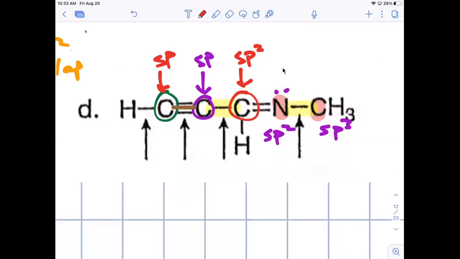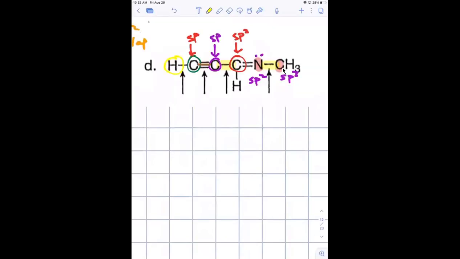All right. What about the last one? We should be able to spit this one out pretty quick. So you got a hydrogen here and it's bonded to a carbon. We already said that carbon was SP hybridized. S-SP overlap. Yes, good, very good. So this is S and the other carbon is SP, so it's S-SP or SP-S overlap.